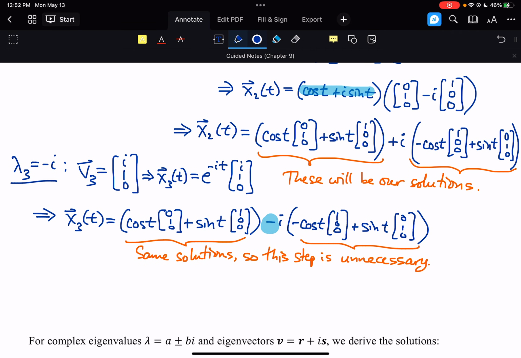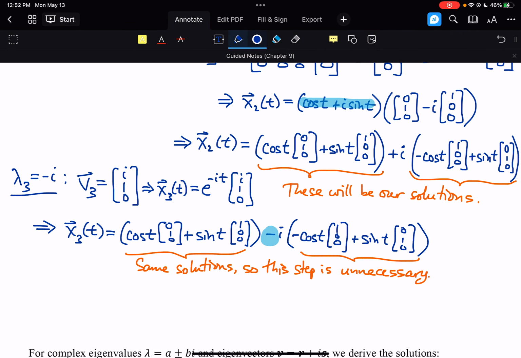So now we're going to rename our solutions, because technically, going by the terminology at the beginning, this one should have been w1 and this one w2. So we'll just rename x2 and x3.